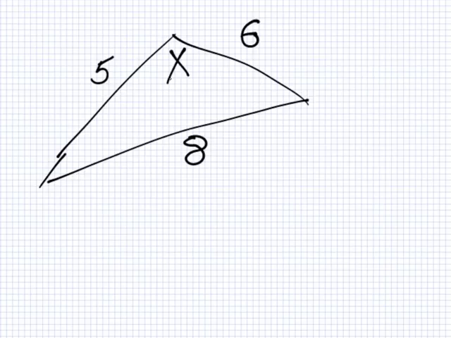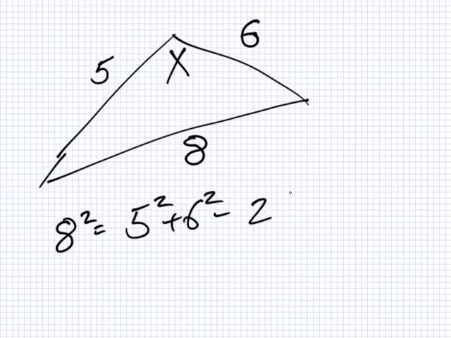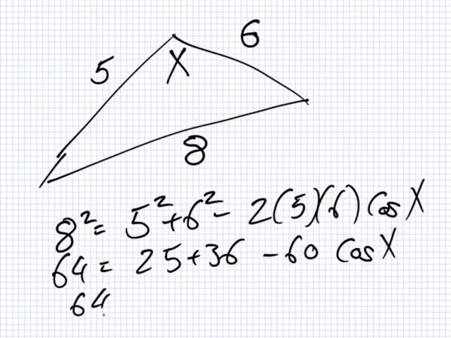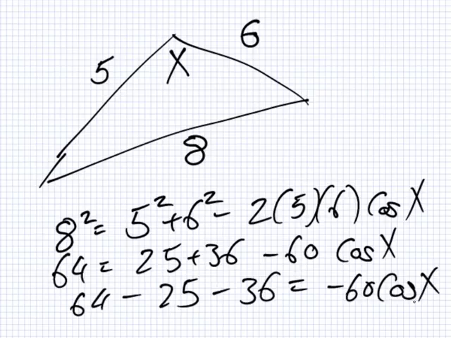Okay, you have that now? Yeah, let's have a look. So you can say 8 squared equals 5 squared plus 6 squared minus twice 5, 6 cos x. So 64 equals 25 plus 36 minus 60 cos x. So 64 minus 25 minus 36 equals minus 60 cos x.